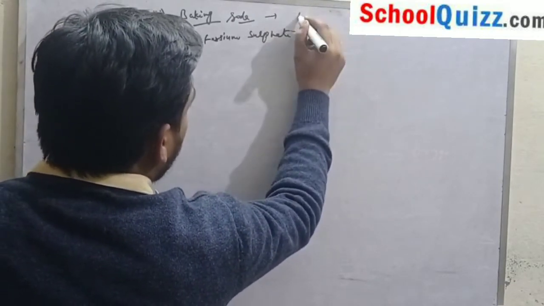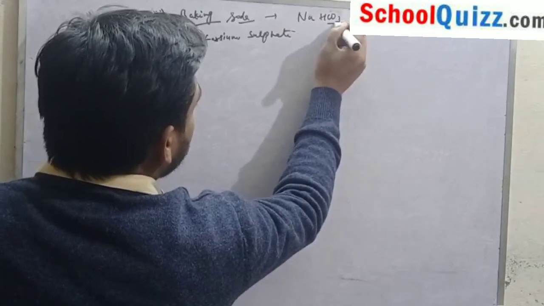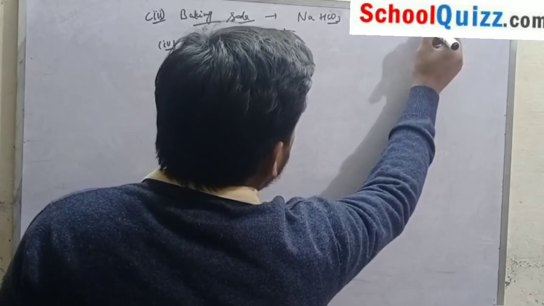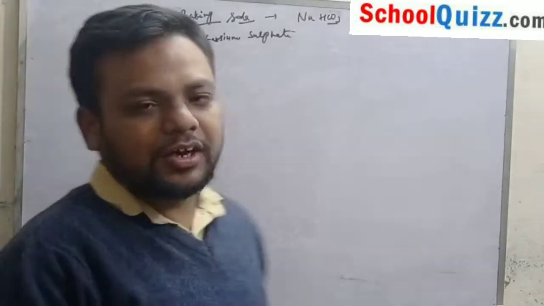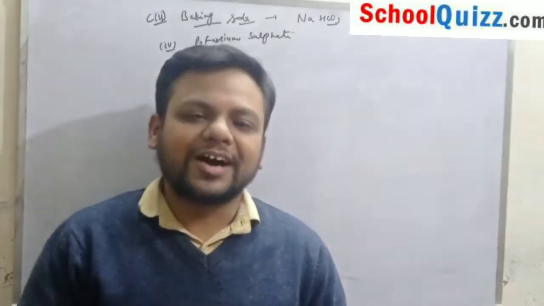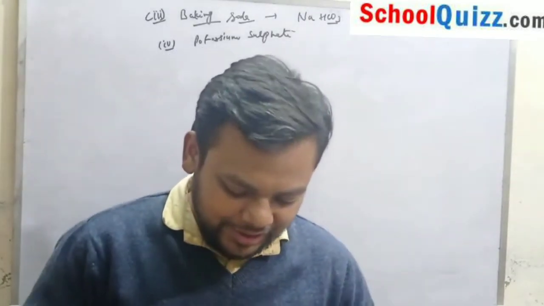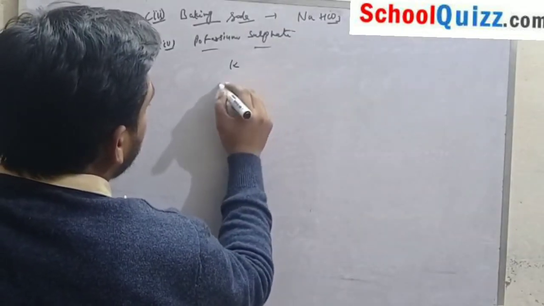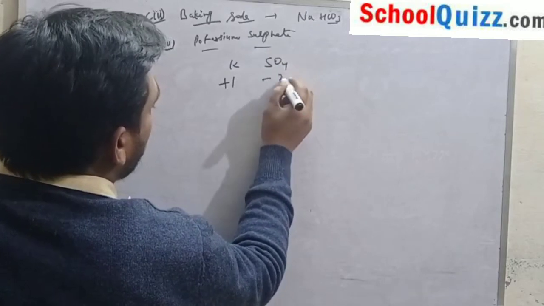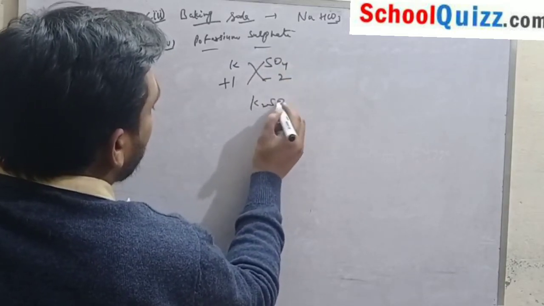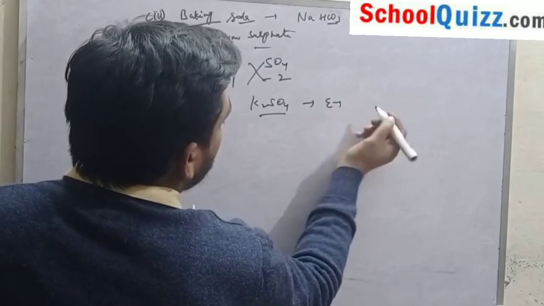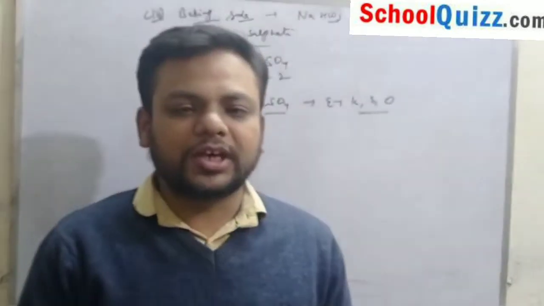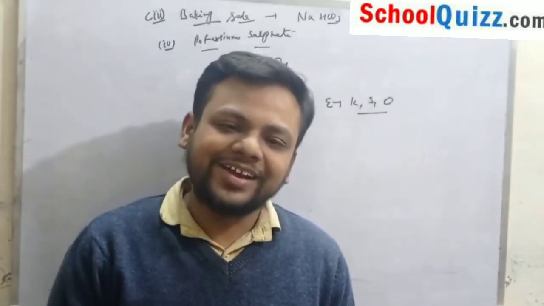The elements are sodium, hydrogen, carbon and oxygen. Fourth one is potassium sulfate. Potassium sulfate formula is K plus 1 and sulfate SO4 minus 2, that is K2SO4. So the elements will be potassium, sulfur and oxygen.